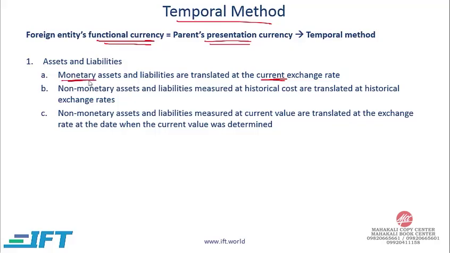So remember, monetary at the current exchange rate. Non-monetary assets and liabilities measured at historical cost are translated at historical exchange rates. Non-monetary assets and liabilities measured at current value are translated at the exchange rate at the date when the current value was determined.